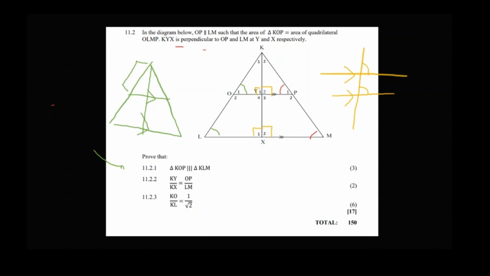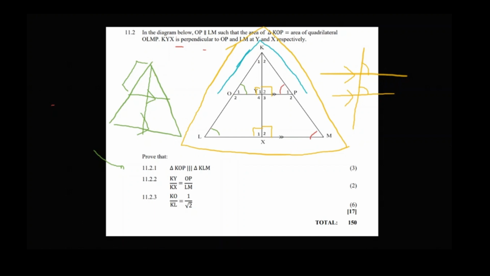We have to prove that triangle KOP is similar to triangle KLM. So we're looking at KOP and KLM, basically the smaller triangle KOP and then the larger triangle KLM.